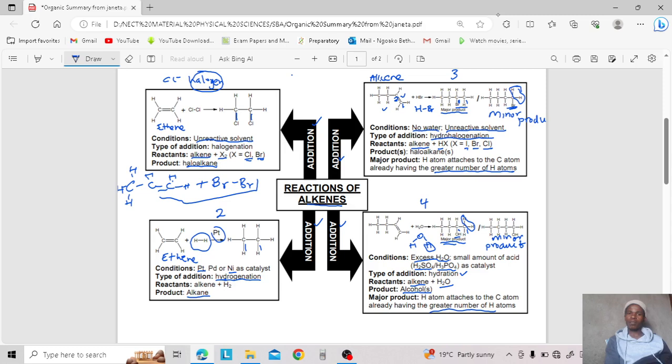Number 3, hydrohalogenation, where we add hydrogen with a halogen, which can be chlorine, bromine or iodine. The last one, of course, is hydration, where we add water. So those are the types of addition reactions.